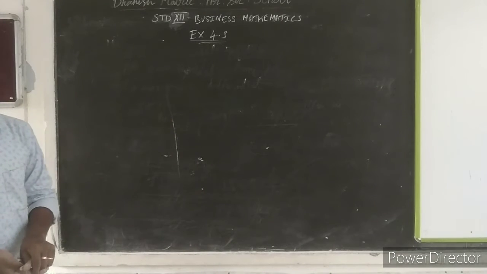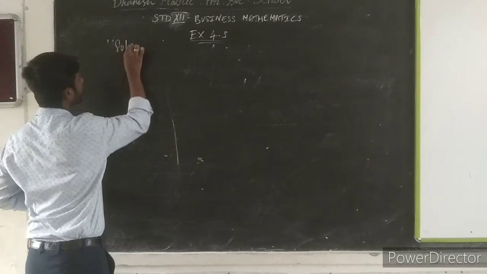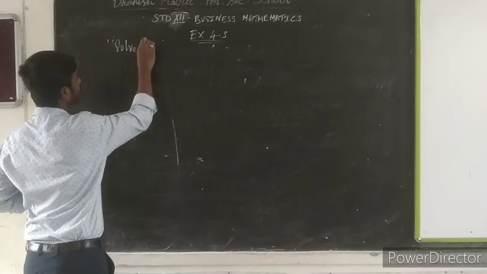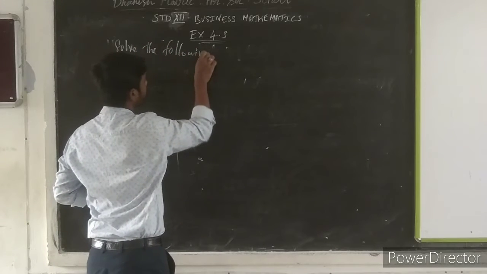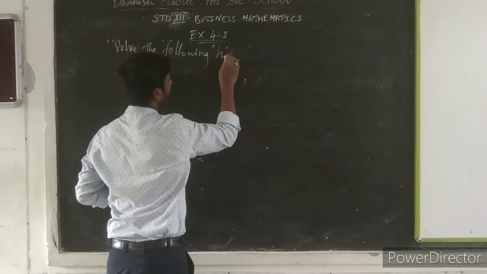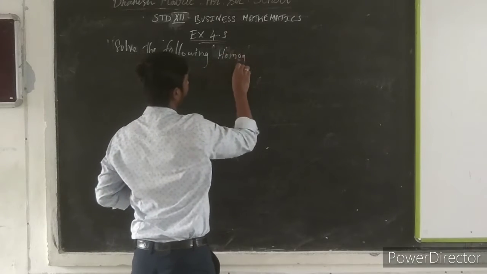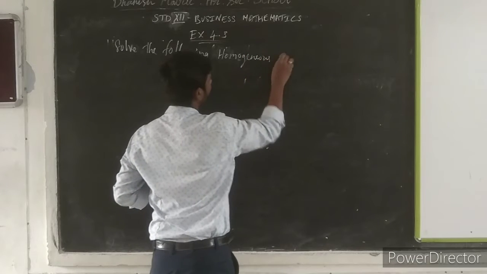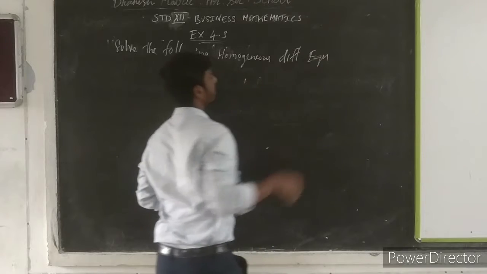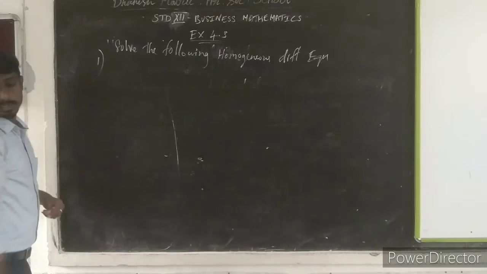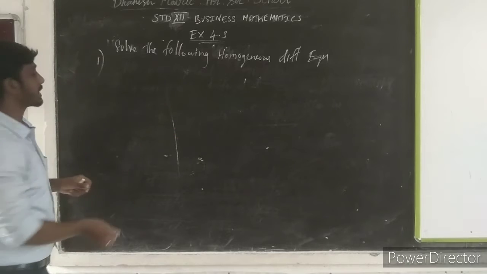Solve the following homogeneous differential equations. The first question given here is x dy divided by dx equal to x plus y.